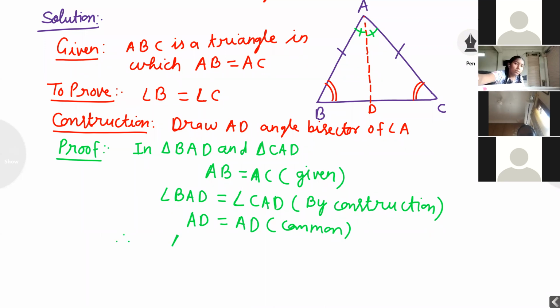Triangle BAD is congruent to triangle CAD. Why? By SAS congruency.